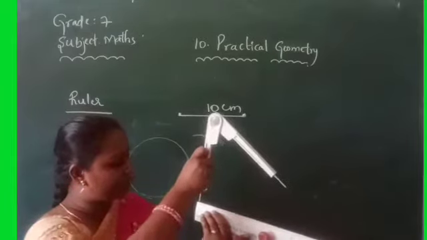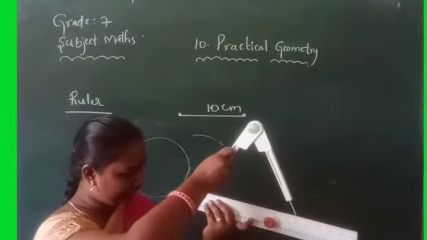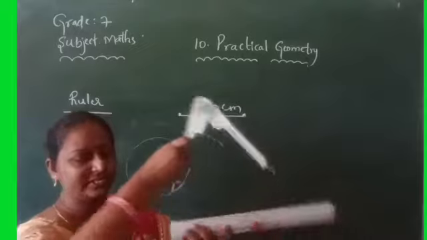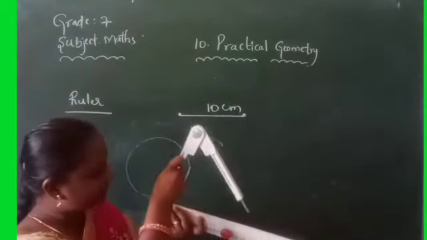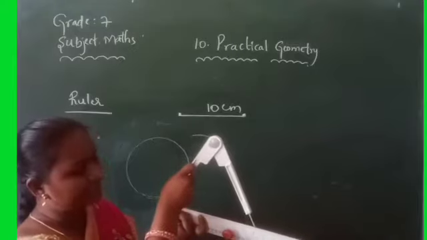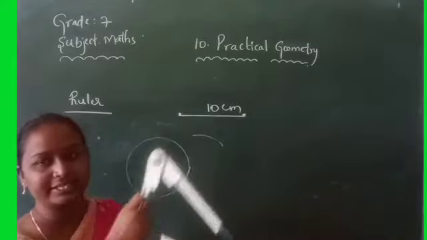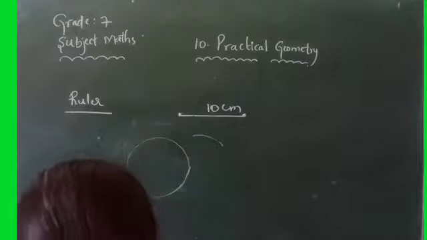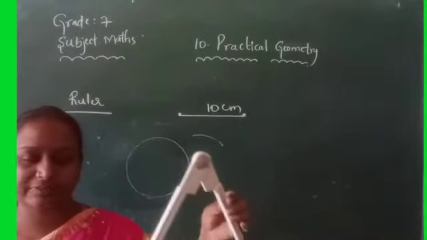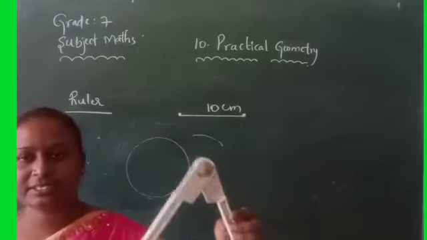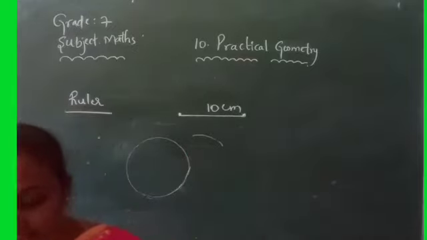See, 0 to 2 pointers to keep on the exact. Then what is the length of that line segment? Yes, 10 centimeters. Like that you can check with the help of a divider. Now tell me, what is the use of this divider? To compare lengths.